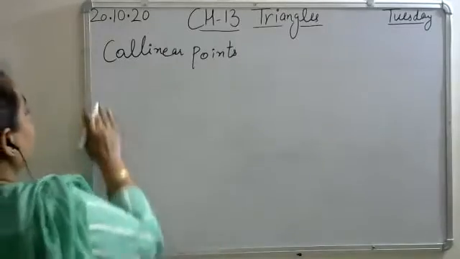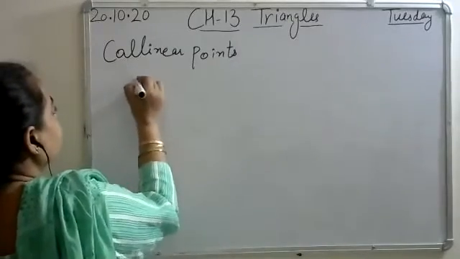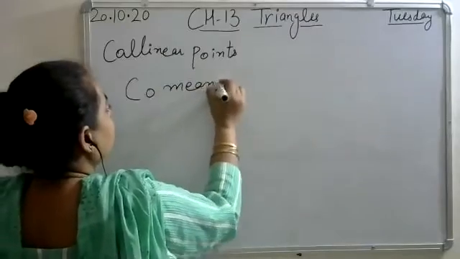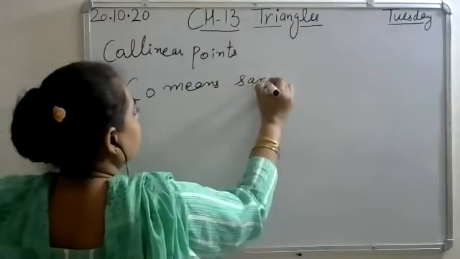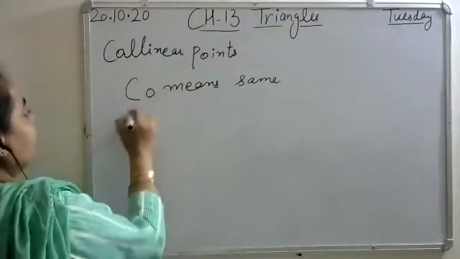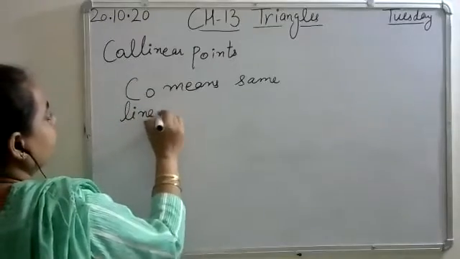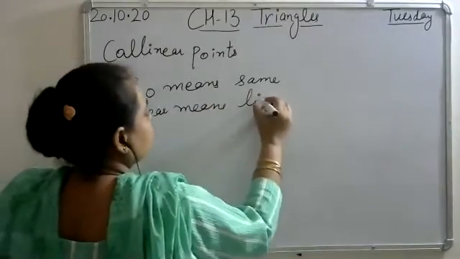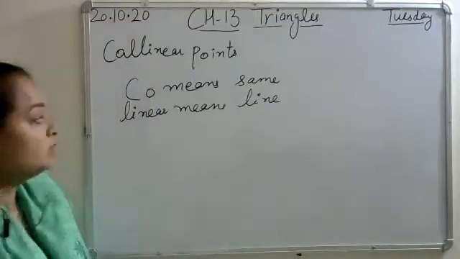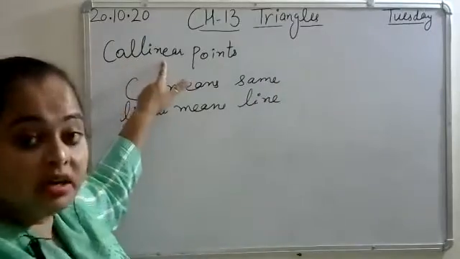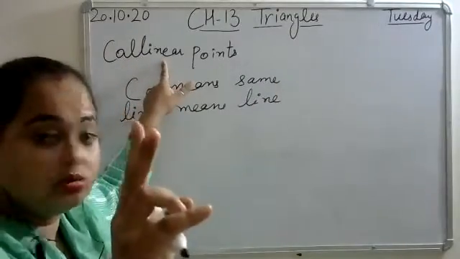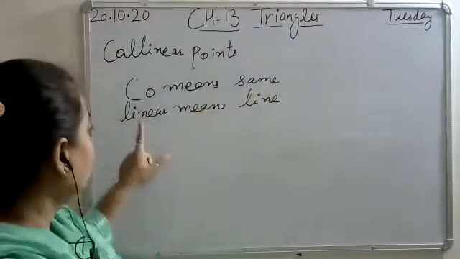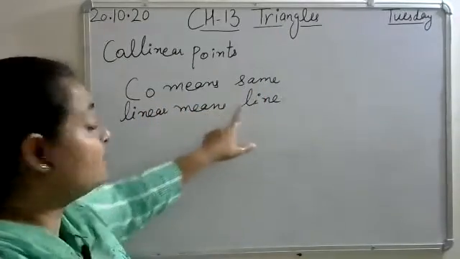Collinear. Co means same, and linear means line. The word collinear is a combination of two: co means same, linear means line.